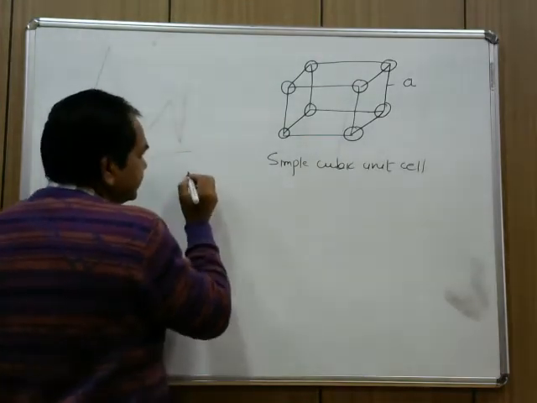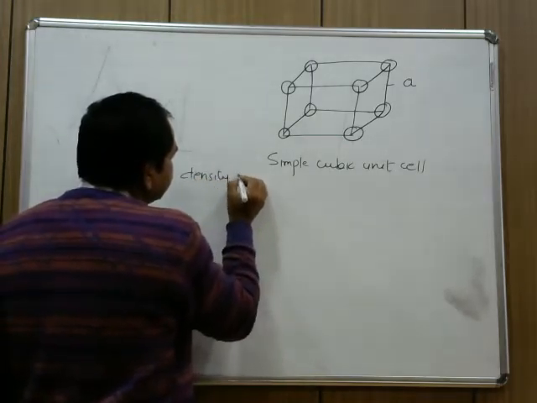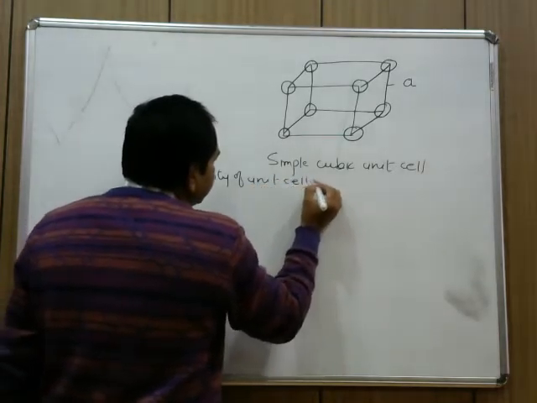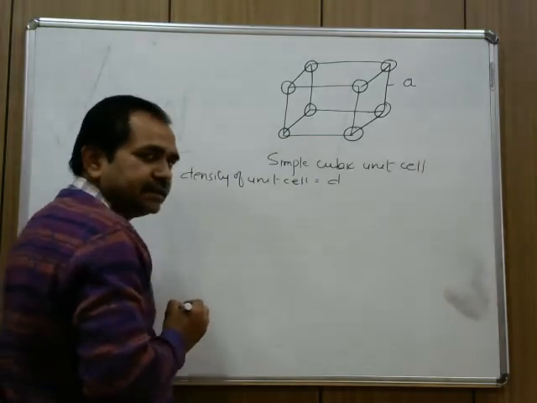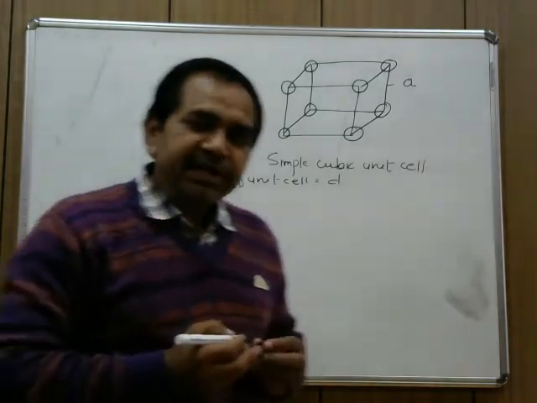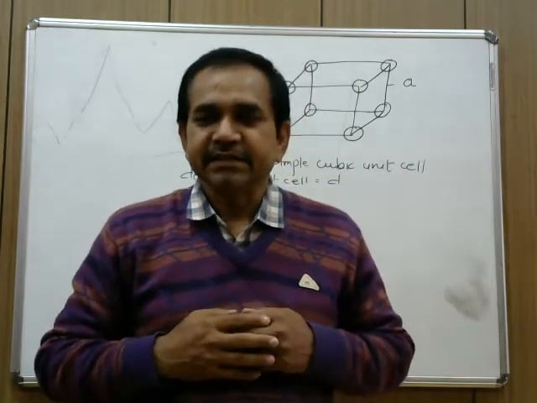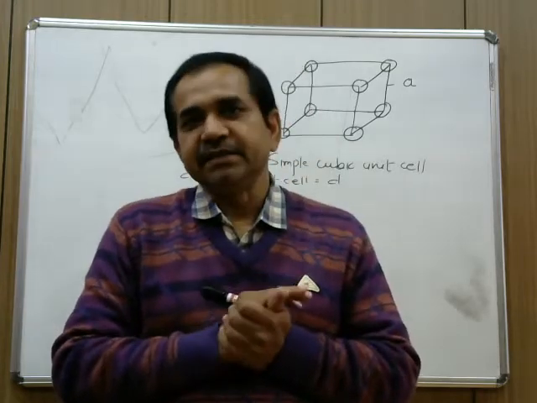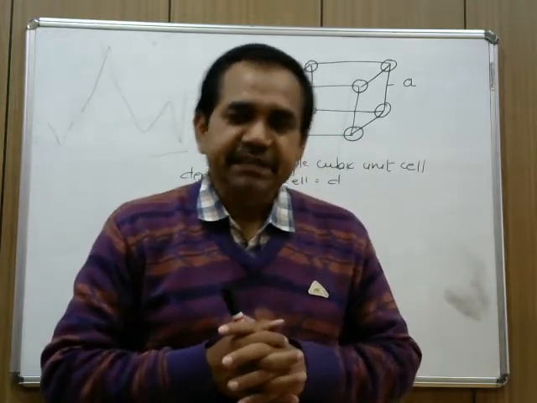Let density of unit cell be given as D, and value of this A, that is edge length, can be determined experimentally by using X-ray crystallographic techniques.